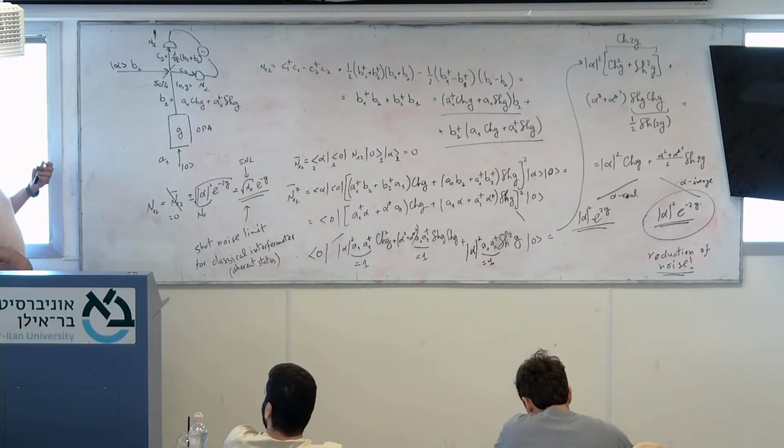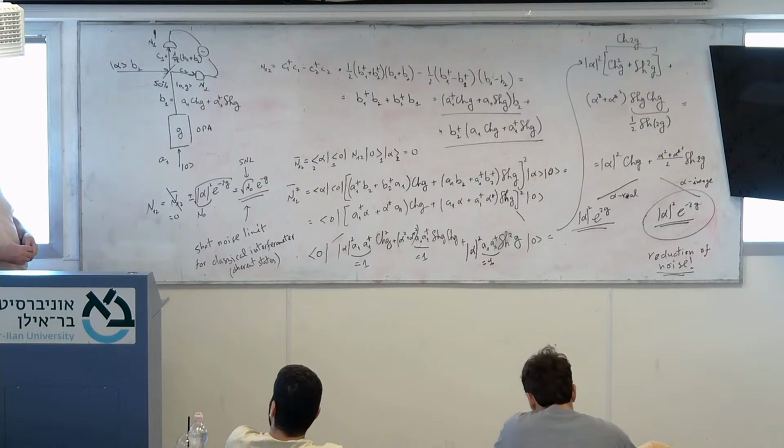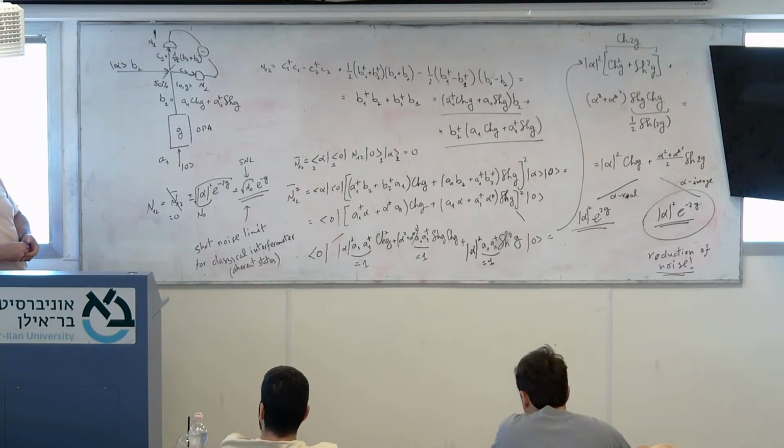We can improve the sensitivity, and to improve the sensitivity, we should reduce the noise. How can we reduce the measurement noise? We introduce squeezed vacuum through the unused port of the interferometer instead of vacuum.